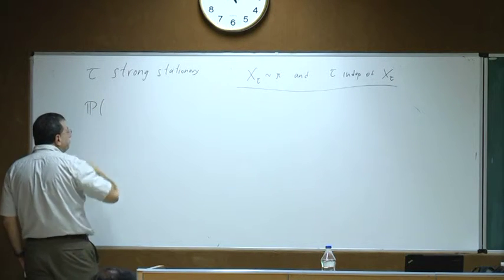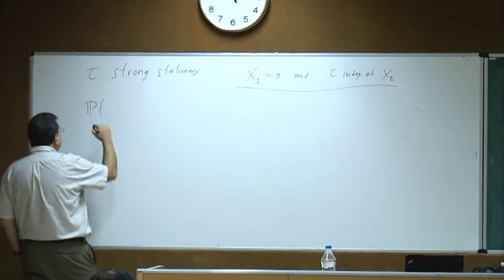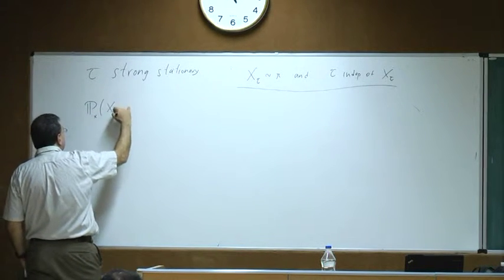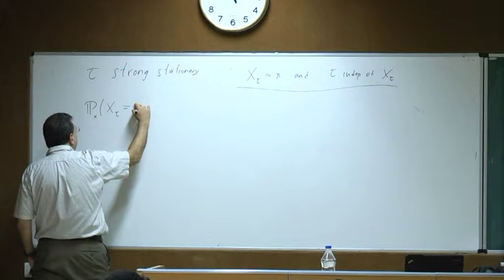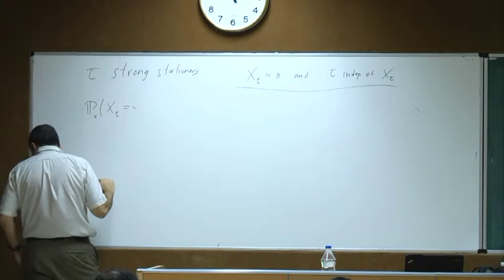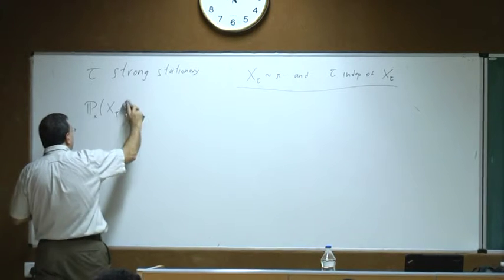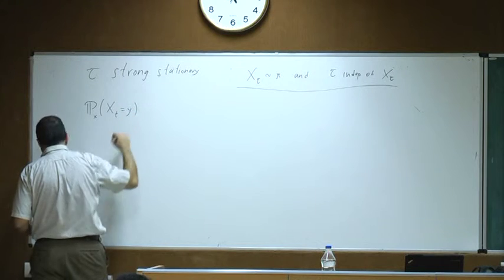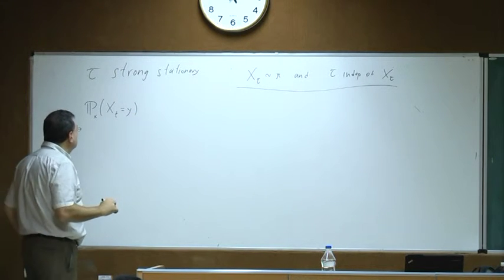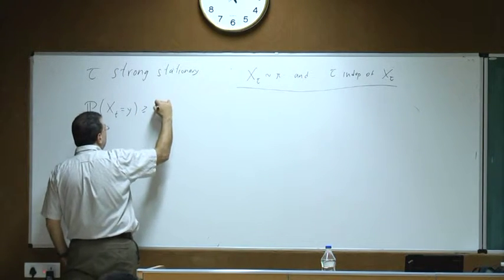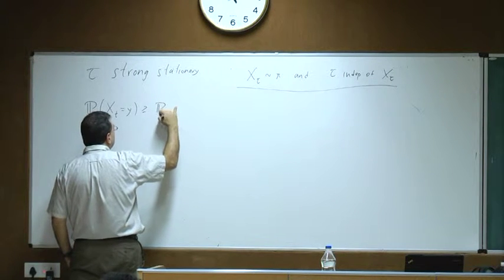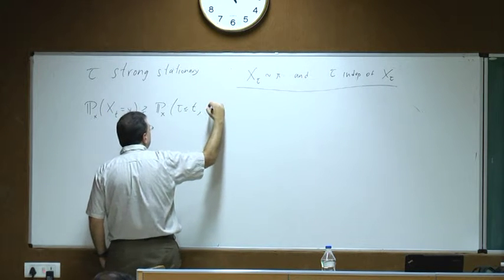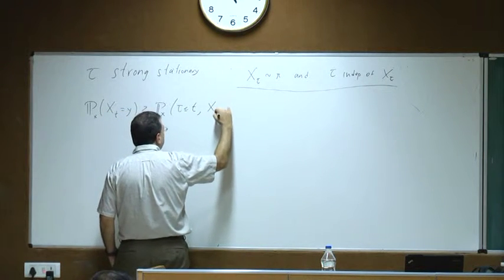Now, suppose I want to bound from below the probability that X_t equals y. This is bigger than the probability that tau is less than t and X_t equals y.